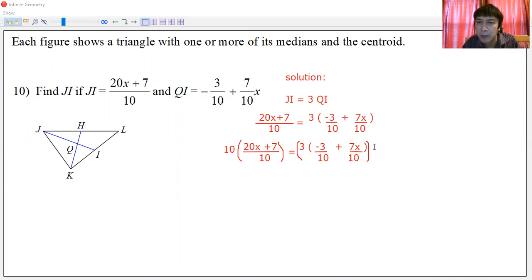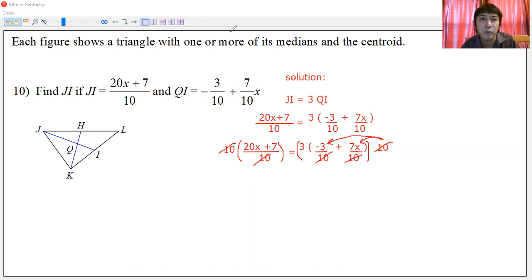When you multiply by 10, this 10 cancels out. Also, this 10 cancels out because the number 10 is distributed inside. And so no more number 10s.